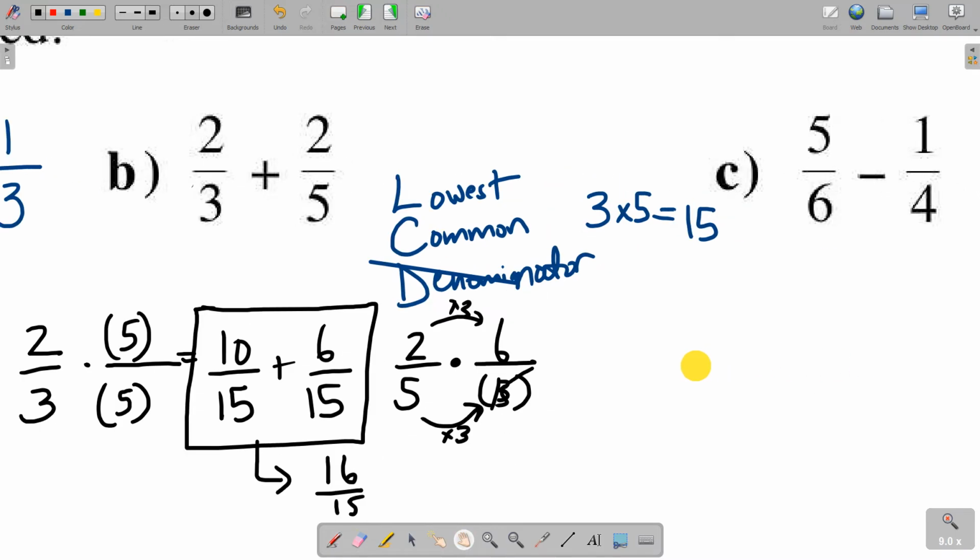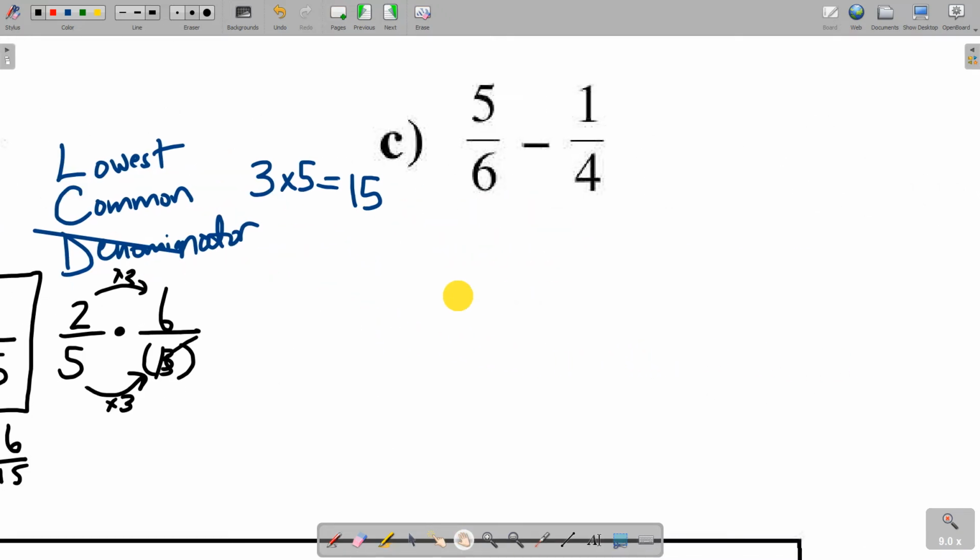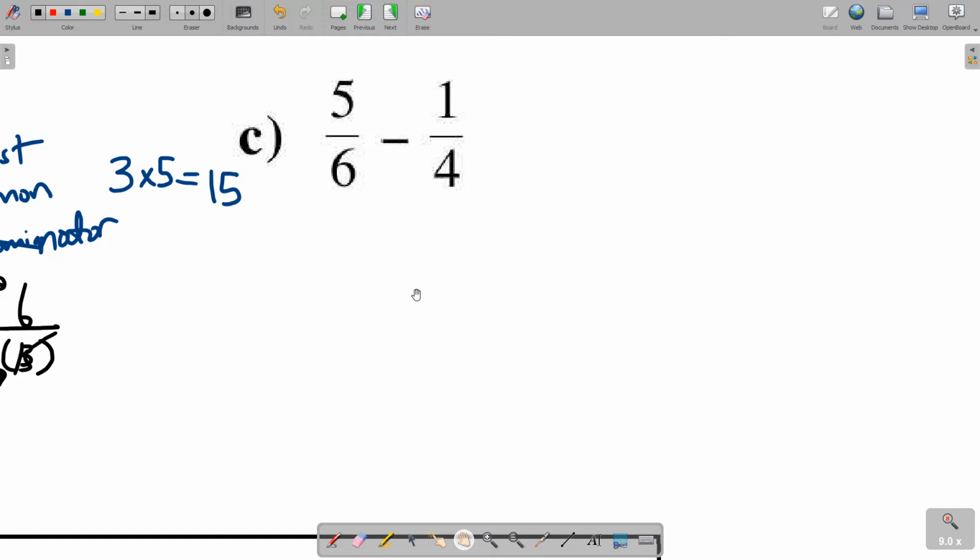Okay, moving along to letter C. So I said when you don't have the same denominators, you have to find the lowest common one. There are choices; the rule is you can technically go 6 times 4, and it will in fact work out.